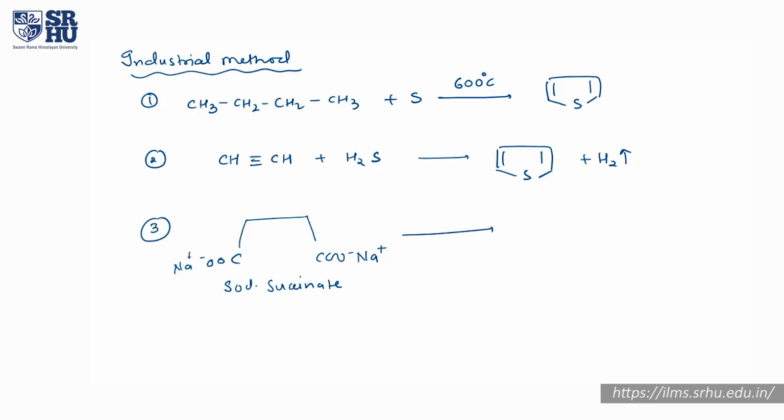Now react this sodium succinate with P2S3, phosphorus trisulfide, at 200 degrees centigrade. Then you will get thiophene. So these were the methods of preparation of thiophene. Now let us understand the chemical reactions.